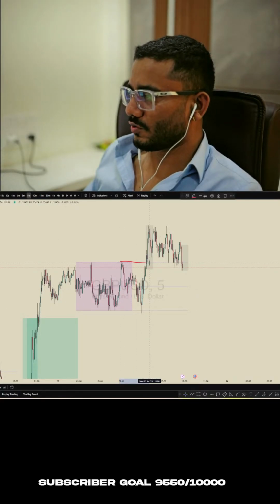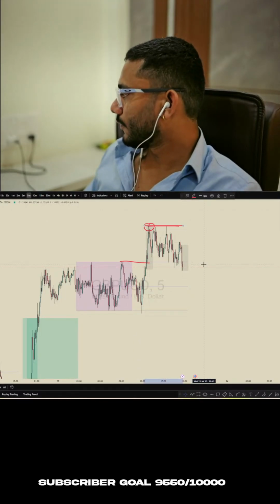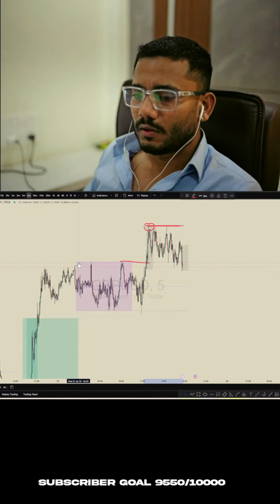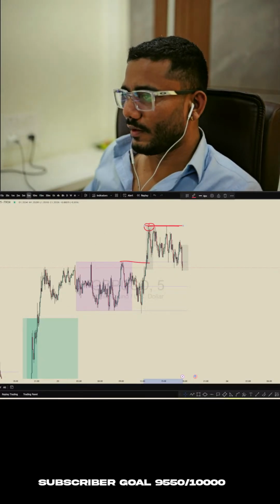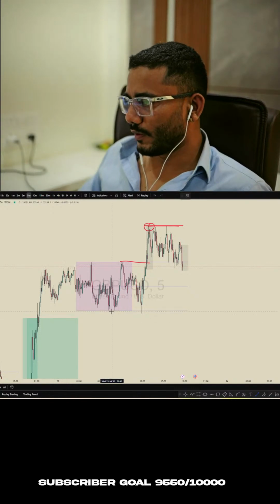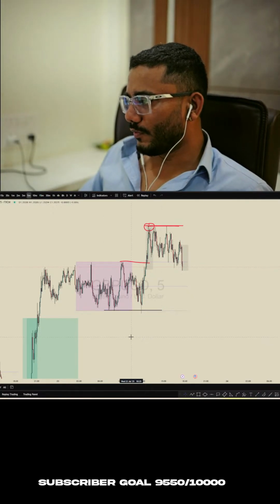It broke the structure, gave us a new high, and this is basically an equal high. So price has given us equal highs, and there is this liquidity sweep. Okay, so we can mark this as a liquidity sweep.